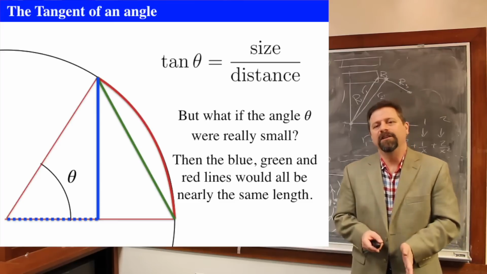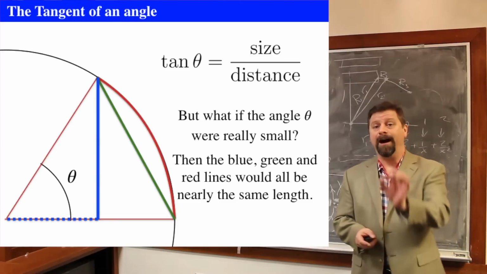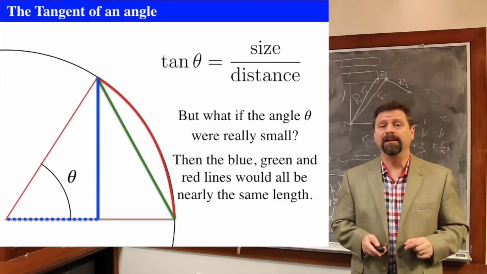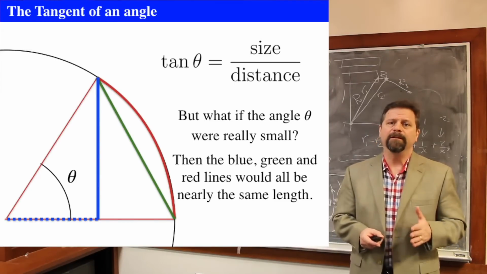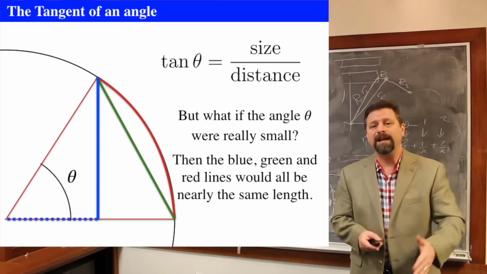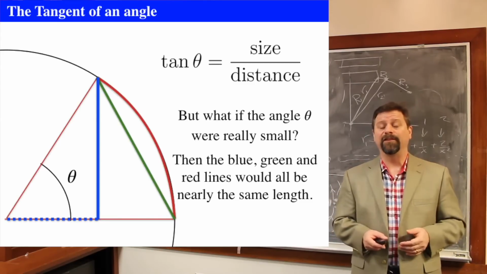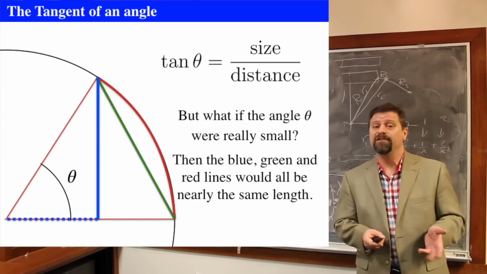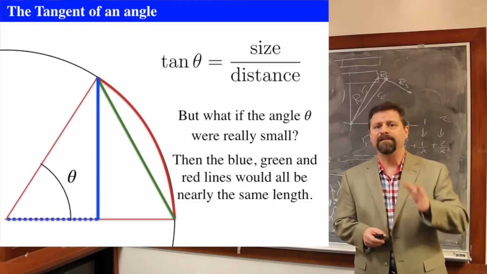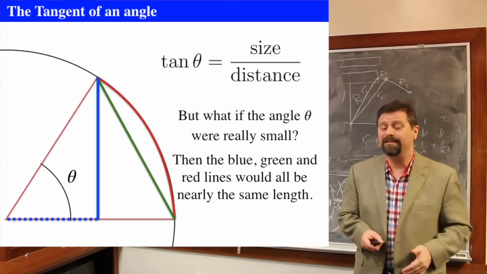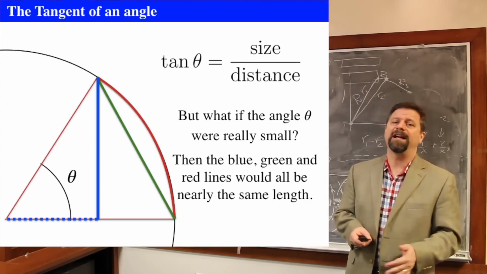Now, we can go from that dashed blue line up to the circle, and then the hypotenuse is the radius. So we've got the adjacent, which is a segment that's adjacent to the angle. We've got the length of the segment that's opposite the angle, and then we've got the hypotenuse.